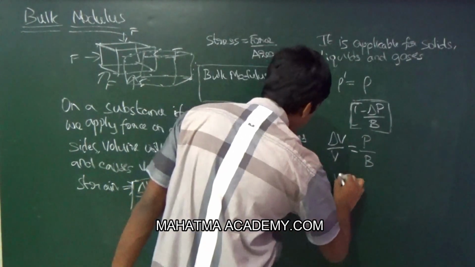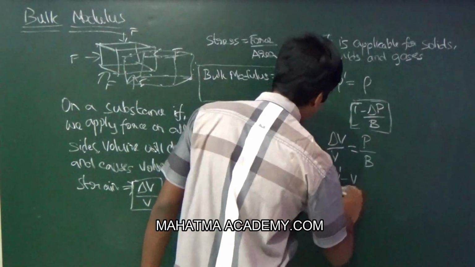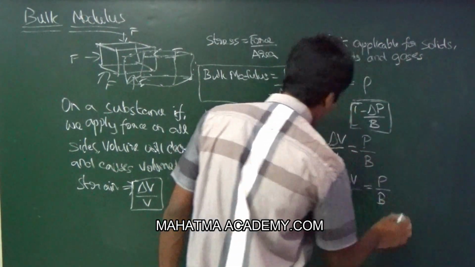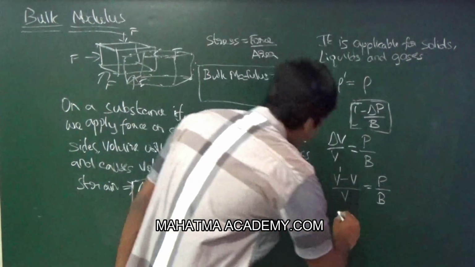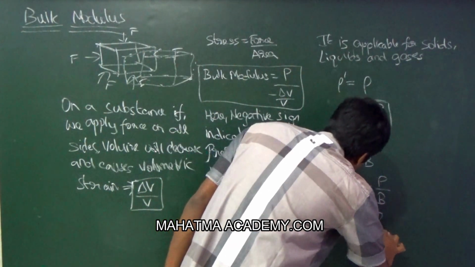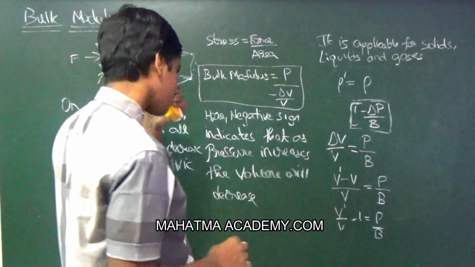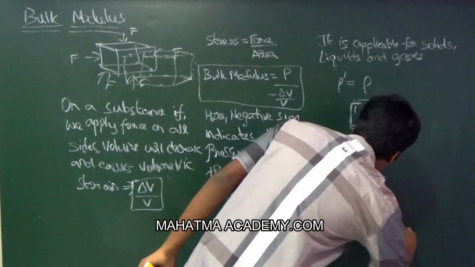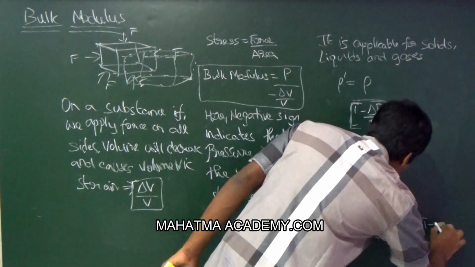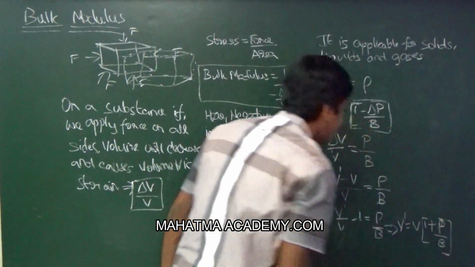From this, (V dash minus V) divided by V is equal to P by B, and from this V dash by V minus 1 is equal to P by B. From this V dash is equal to V into 1 plus P by B. You can get that.